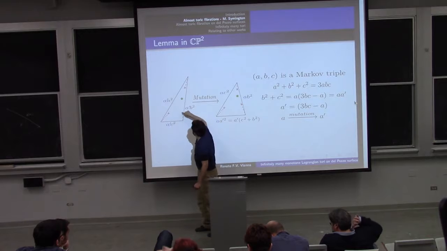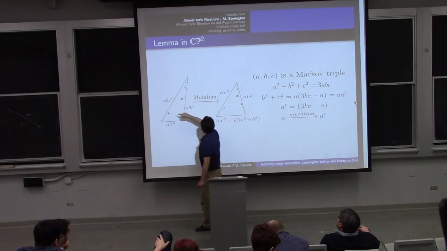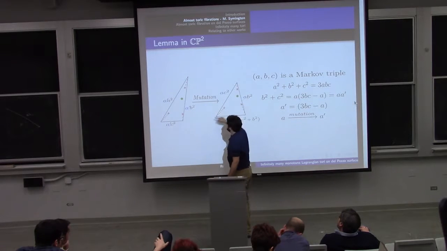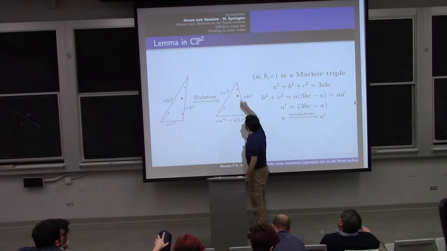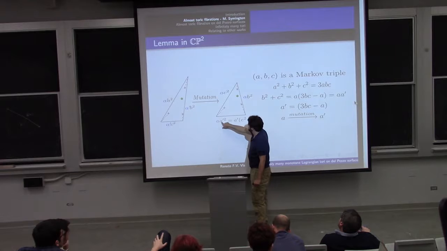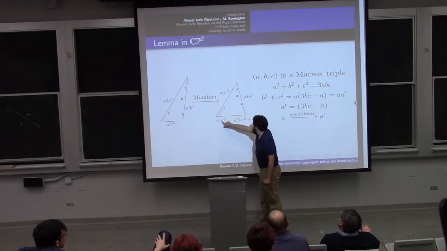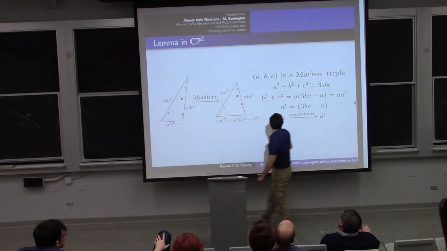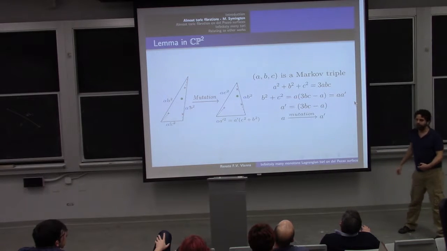So here I'm going to mutate this node here that's opposite to A. This will, up to some proportional constant, give me a new almost toric base diagram such that the affine length of the edges of these triangles corresponds to the mutation of the Markov triple. Okay.